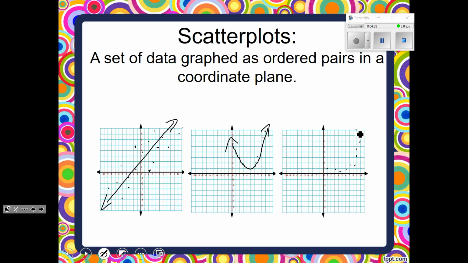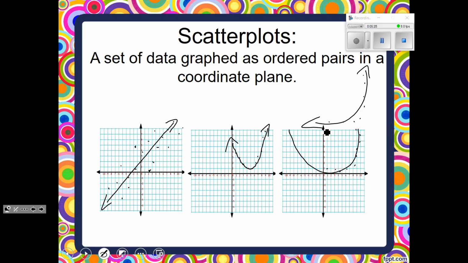Or what if this were, could it be like that? They might be quadratic, or if I did it again, it might just be exponential. We don't know, but there is a deciding factor that's going to help us determine what is going to be the best one to use. And that is called your correlation coefficient. Before I go to the next slide, is everybody good at that? Scatter plots are not going to be exact.